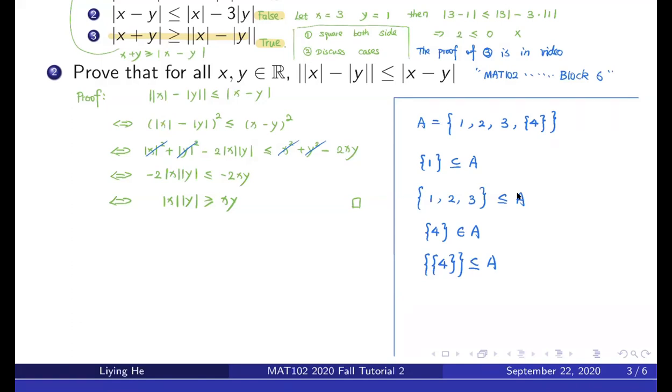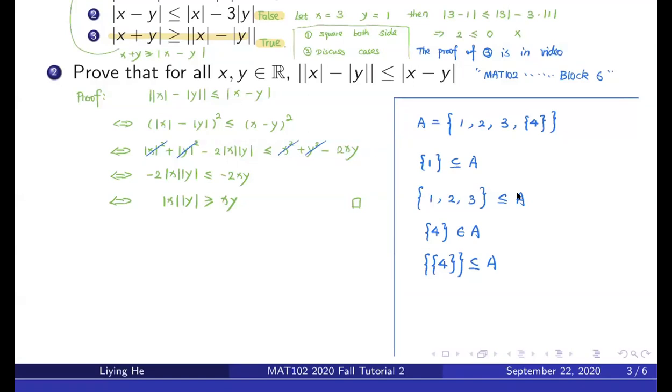I have another question. We know that an empty set is a subset of every other set, right? Do you know why? I don't know. Okay, recall the definition of subset. If A is a subset of B, then every single element in A is also an element in B. The empty set has no element in there.